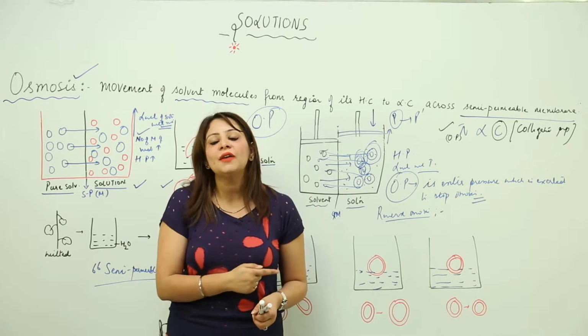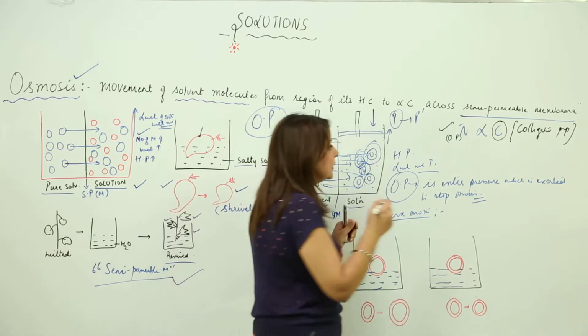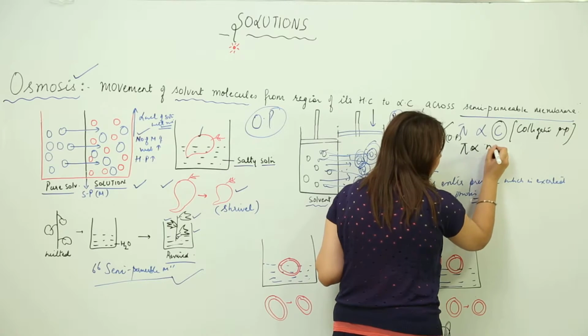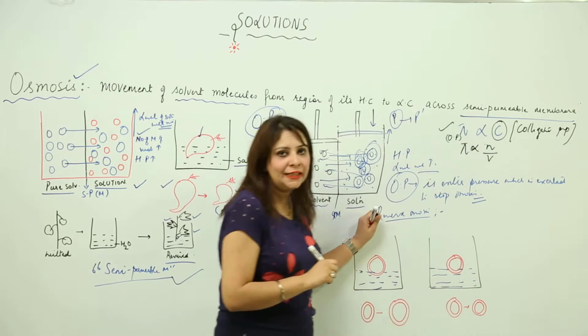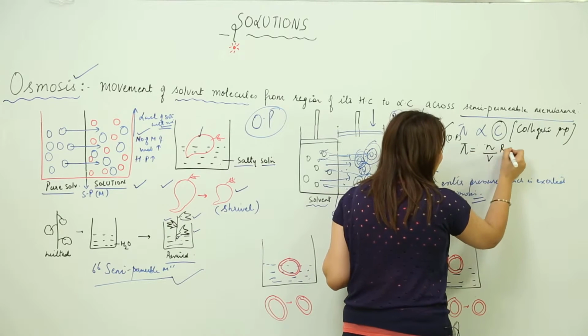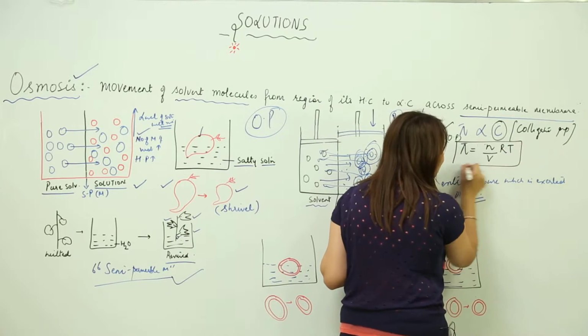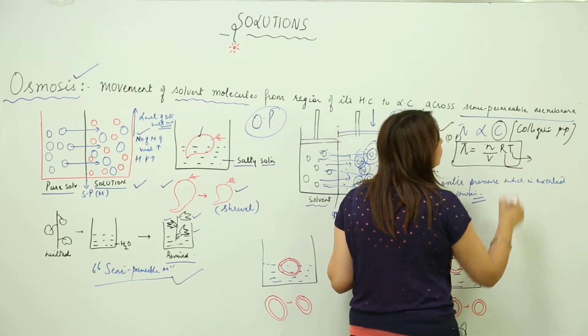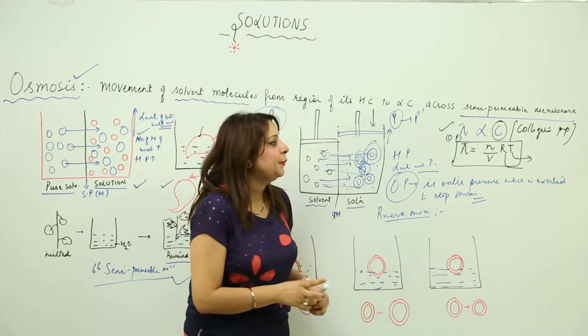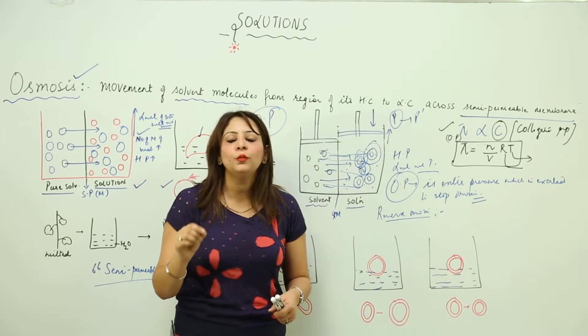But here we have molarity, that is the number of moles upon volume in liters. And moreover, when we remove the proportionality sign, we put a constant, and this is nothing but RT. R is the gas constant and T is the temperature. So the osmotic pressure is equal to n upon V RT.